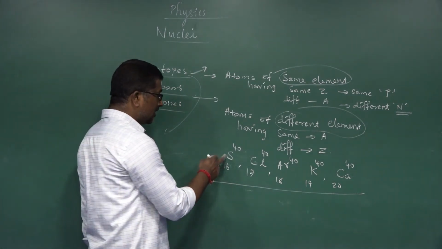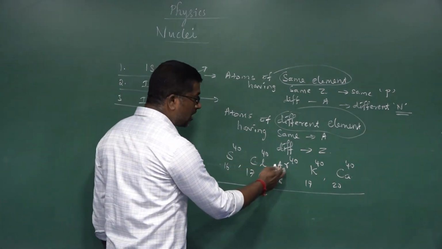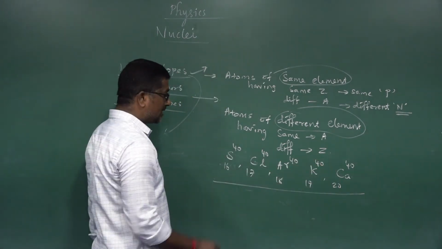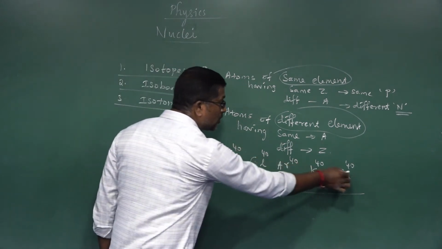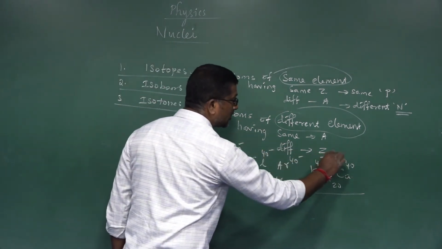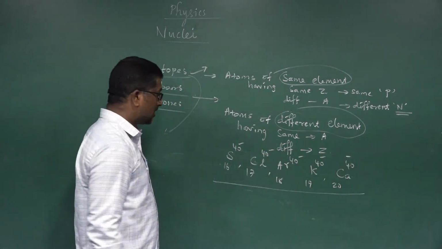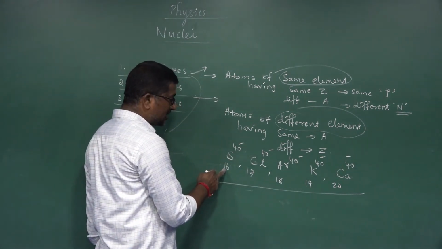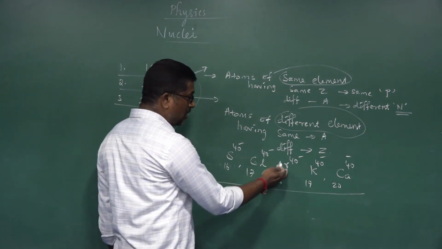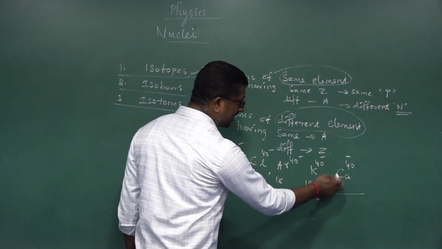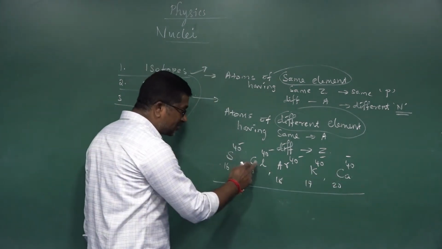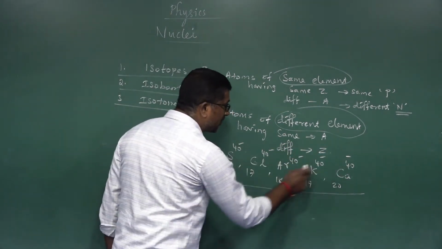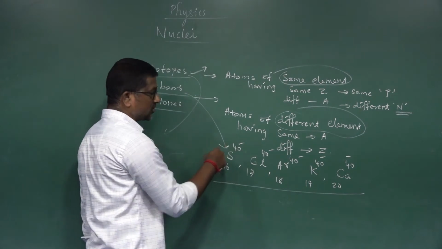Here, these are silicon, chlorine, argon, krypton and calcium. Different elements, but they have the same mass number, 40. But atomic numbers are different: for silicon 16, chlorine 17, argon 18, krypton 19 and calcium 20. So atoms of different elements having the same mass number but different atomic number are called isobars.